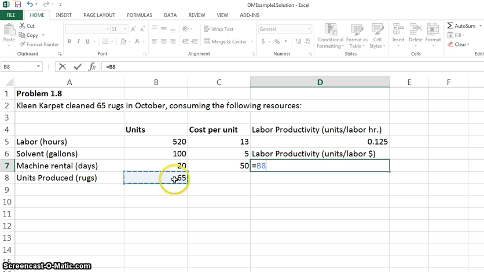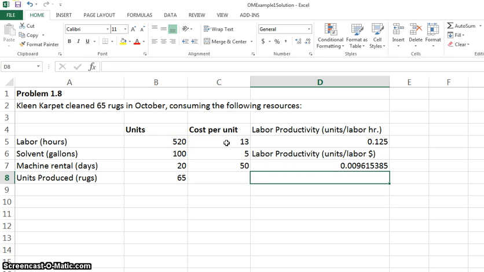In this case, this is 65 divided by 520 times 13. So in other words, for every labor dollar, we produced about 0.01 units if we round this answer to 2 decimal places.